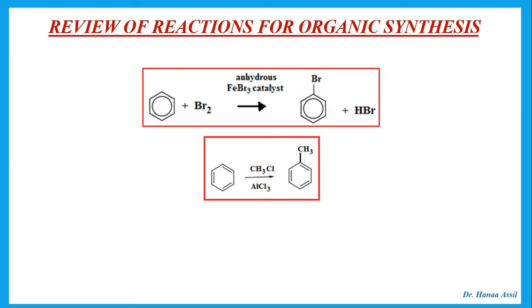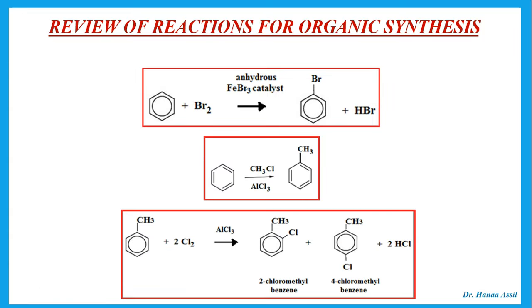To add a methyl group, this is the Friedel-Crafts, we react with methyl chloride in presence of aluminium chloride. And if we add a chlorine and aluminium chloride to something that already has a methyl group, then the chloride coming in will be attached to carbon number 2 or carbon number 4.